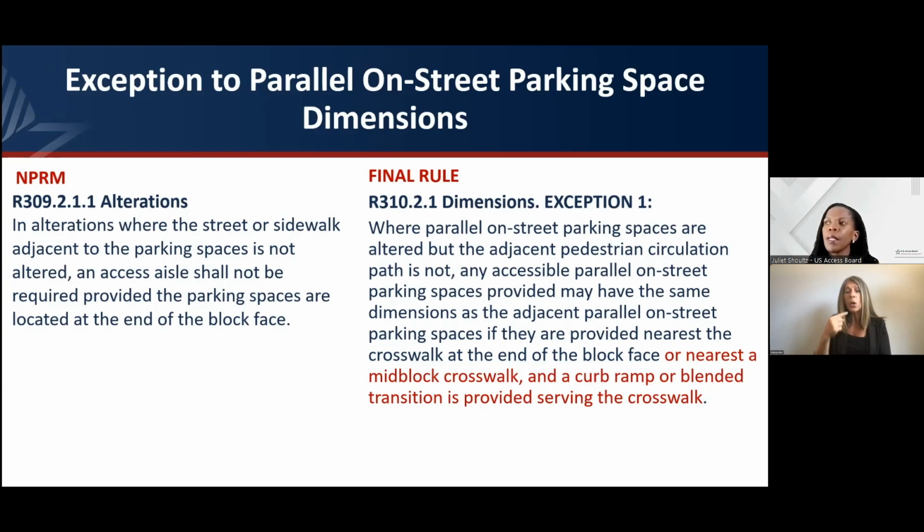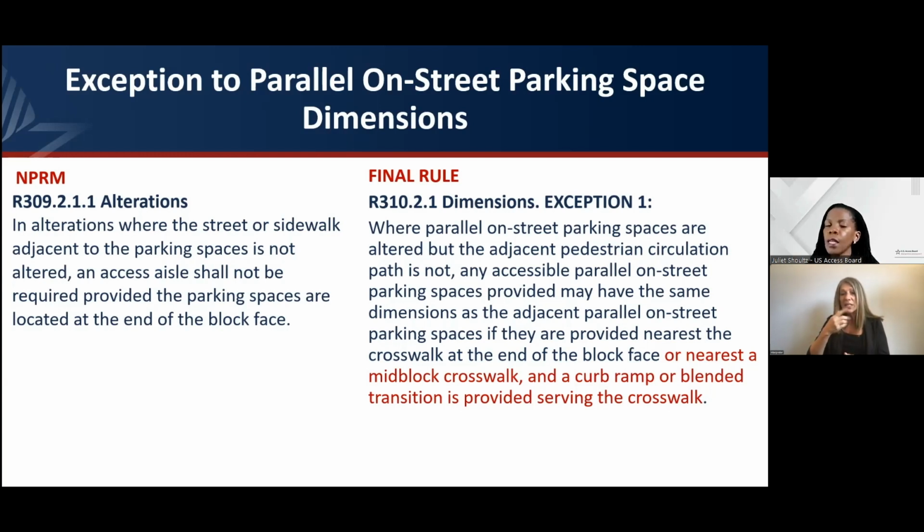R310.2.1, we provided an exception to the dimensions that I mentioned in the previous slide. So the first exception, where parallel on-street parking spaces are altered, but the adjacent pedestrian circulation path is not, any accessible parallel on-street parking spaces that are provided may have the same dimensions as your standard adjacent parallel on-street parking space if they're provided nearest the crosswalk at the end of the block face.